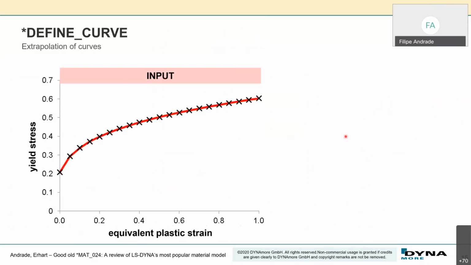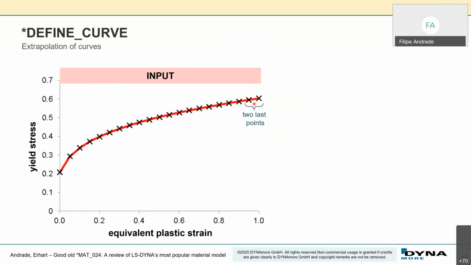Some software, when the curve comes to the end, just keeps it constant, horizontal. That's not the behavior of LS-DYNA. LS-DYNA always takes the two last points of the curve. Only those two last points.